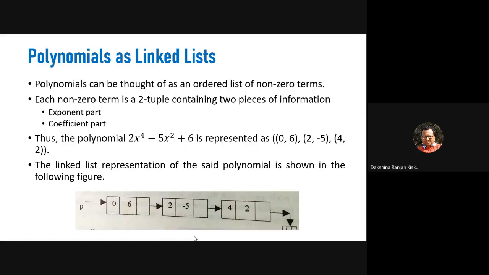Then we will put a comma, and then we will write the coefficient part. So these two pieces of information constitute a two-tuple for each non-zero term in the polynomial. So accordingly we can represent the non-zero terms in increasing order of exponent. Therefore we can write (0, 6), (2, -5), (4, 2).